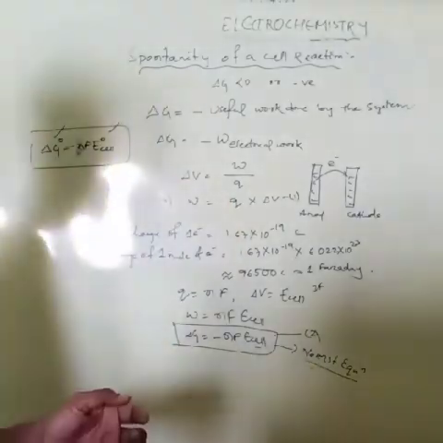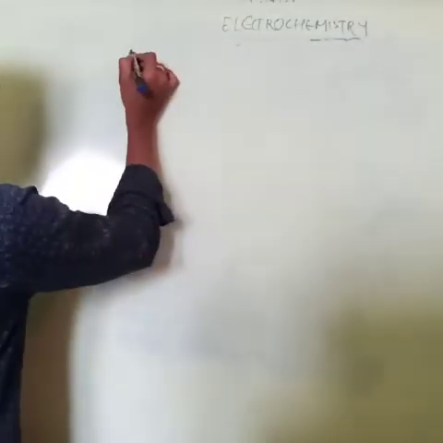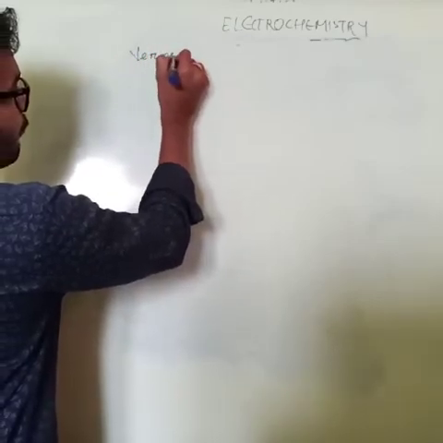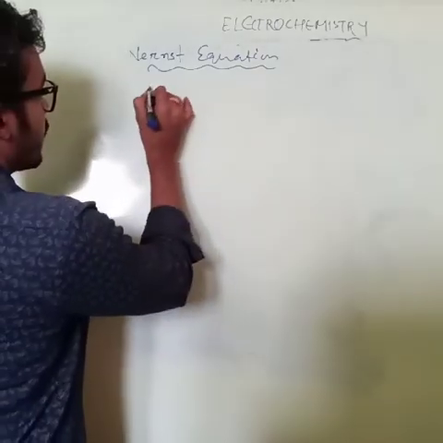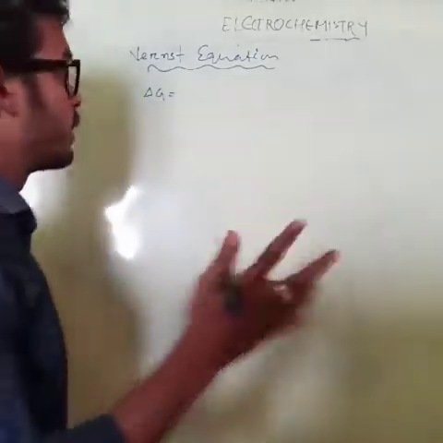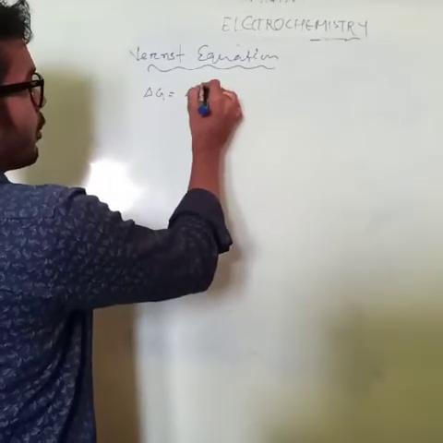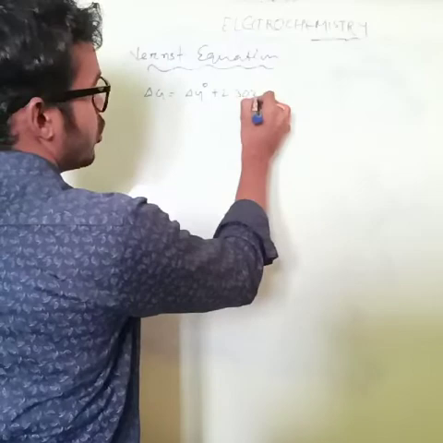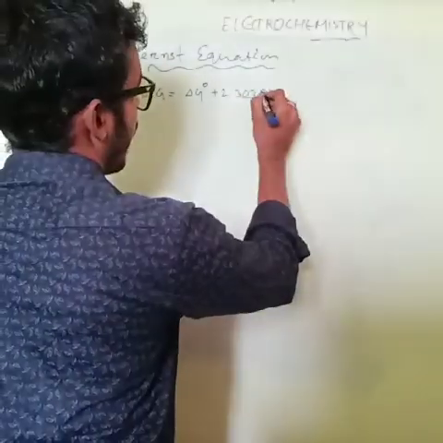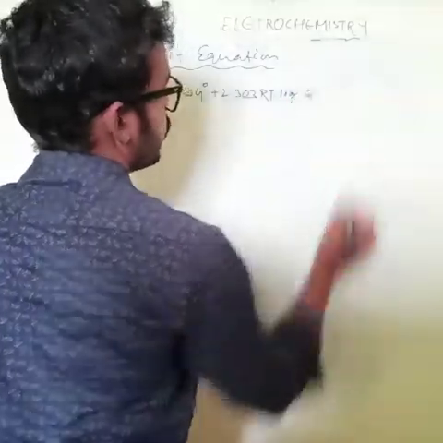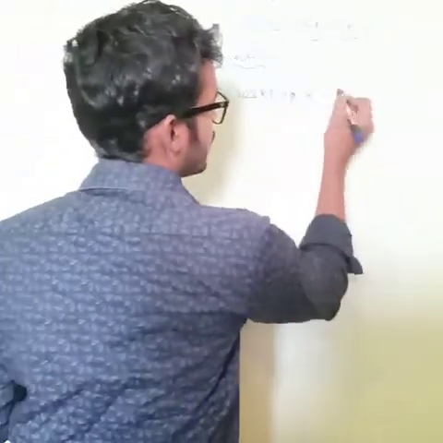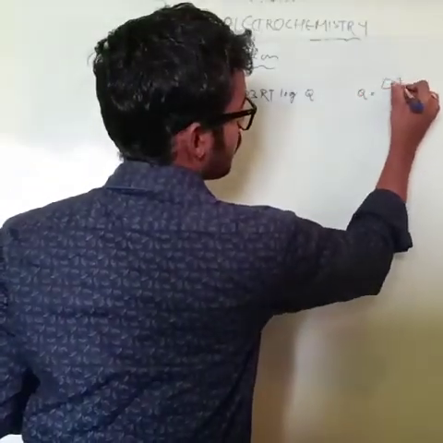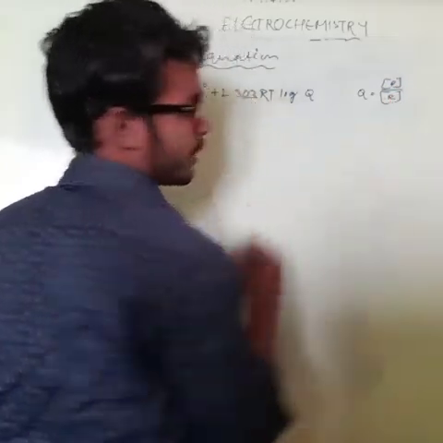Let me clean this. So, Nernst equation. From the equilibrium chapter of class 11th, we know the Gibbs free energy relation: del G equals del G naught plus 2.303 RT log Q. This is the reaction quotient Q, and instead of Q you can write product concentration by reactant concentration.